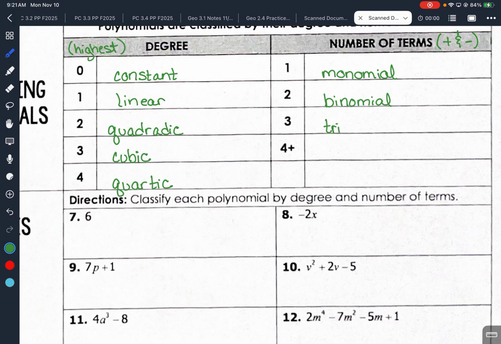Trinomial. And anything four or more, we just say n-term polynomial. Just like with degree, we just say fourth degree, fifth degree. We would just say 5-term polynomial. That's it. So if the highest degree was 6 and it had 8 terms, we'd say it's a 6-degree, 8-term polynomial.